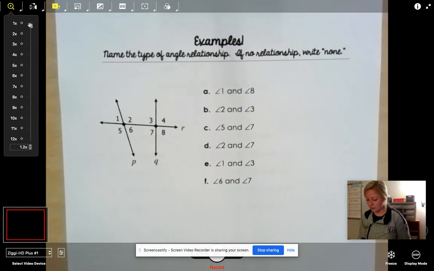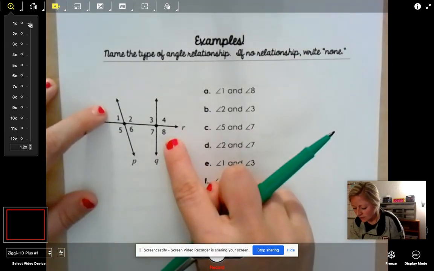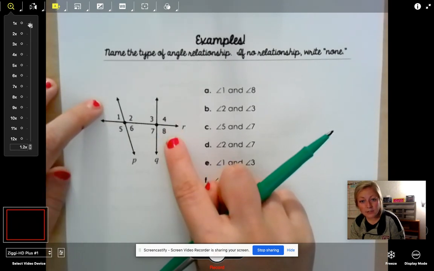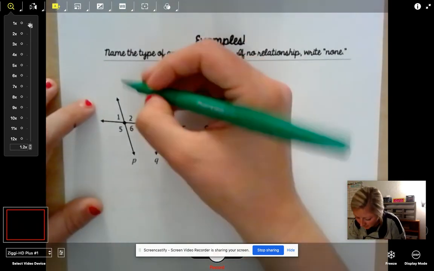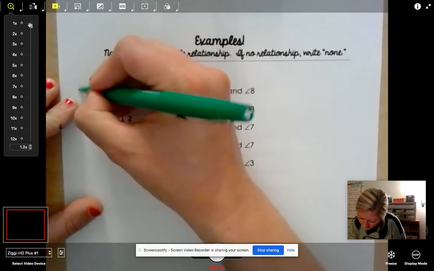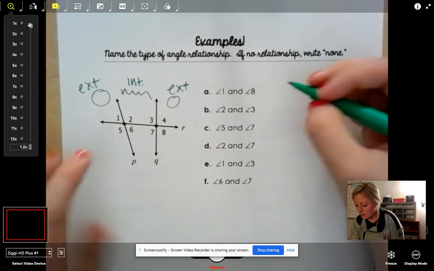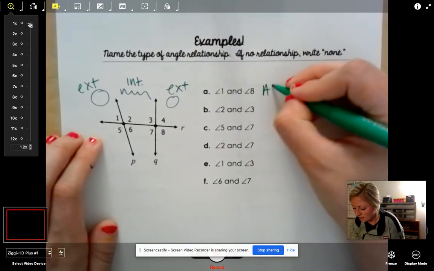Color, I want to use green. Okay, here we go. It says name the type of angle relationship or write none. So angles 1 and 8. They're on opposite sides of that transversal and on the outside. So maybe we'll do that for this one. Here's our interior, exterior, exterior. Okay, so these ones would be alternate.